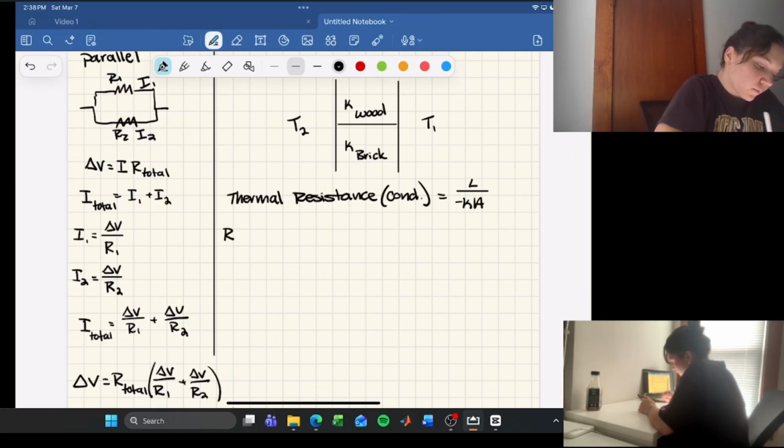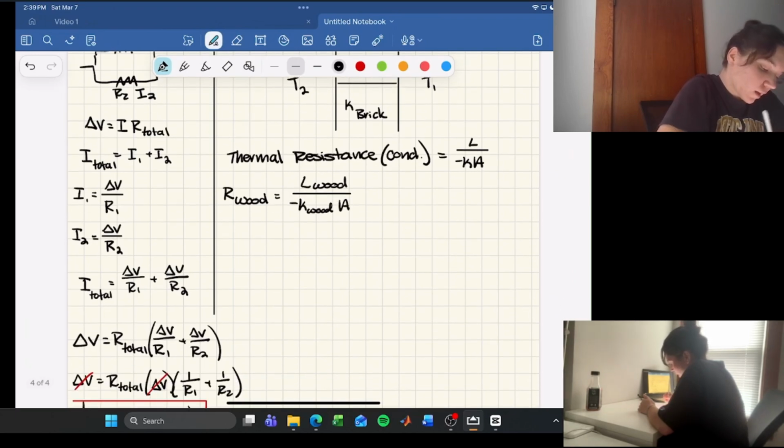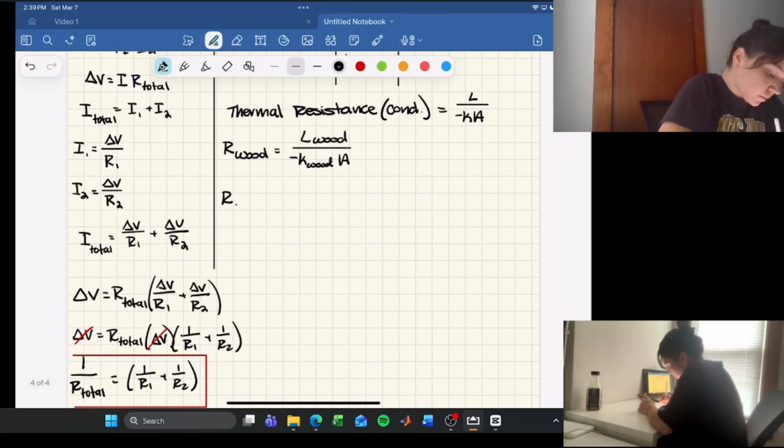So the resistance of the wood is going to be the length of the wood over the thermal conductivity of the wood times the area. And then the thermal resistance of the brick is the length of the brick over the thermal conductivity of the brick times the area.